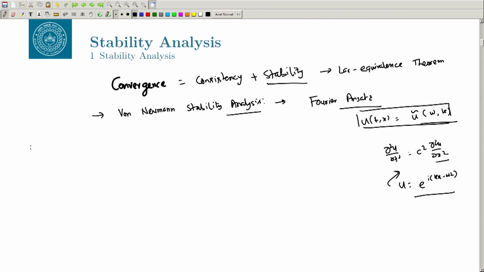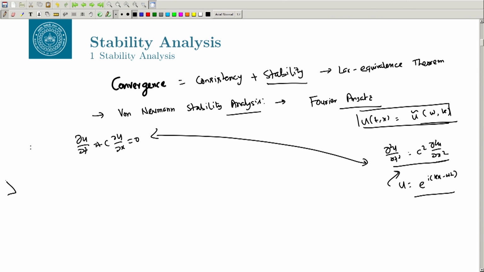But then you might ask the question that your signal can be of any type. When you solve a flow problem, let us say the linear convection equation, del u by del t plus c del u by del x equal to 0, if you take a double derivative and try solving it, it will give you the same equation. So, u can be a square wave function, it can be sine, cosine, or an exponential, whatever function you want.